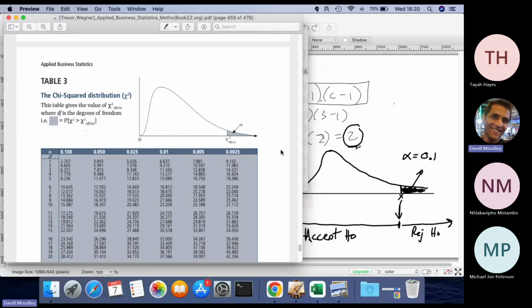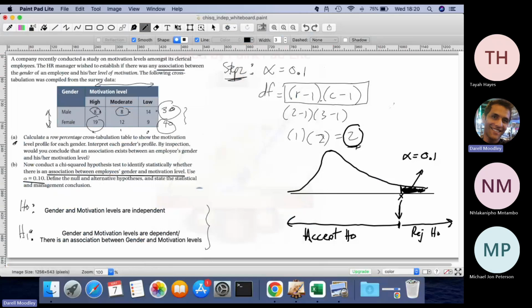Well, that's your degrees of freedom, which we worked out to be 2. So where your DF is 2, in the first column, we get a value of 4.605. So that is our critical value, 4.605. So here, I'm just going to write that 4.605.